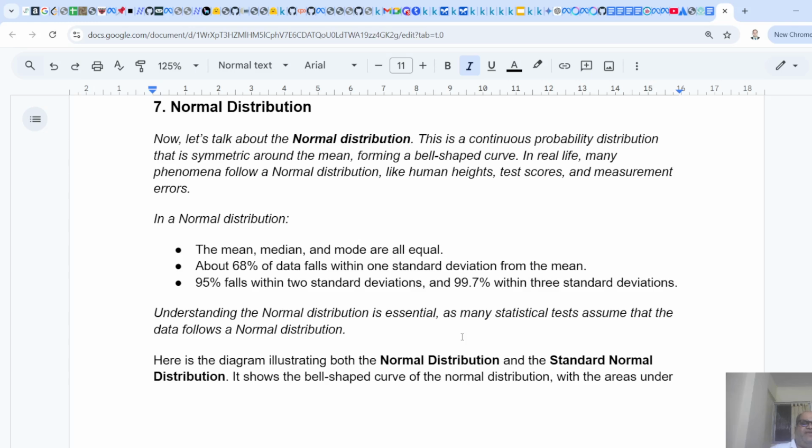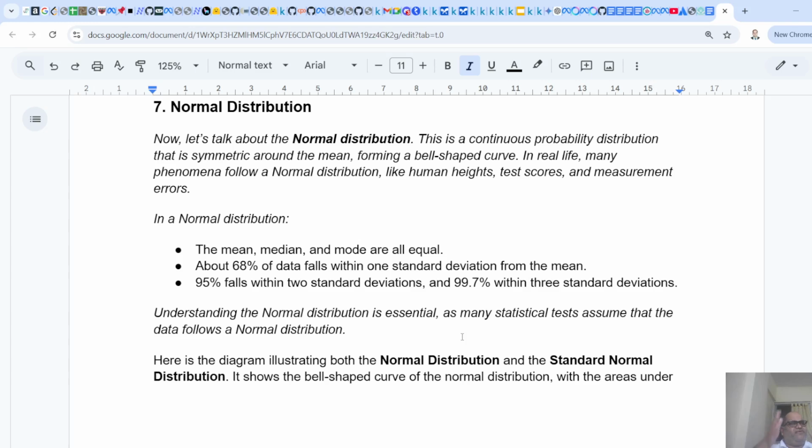So if you see the way we looked at central tendencies, then spread and shape, in this particular case your mean, median, and mode should be equal for normal distribution. As far as the spread is considered, from the mean, one standard deviation away on each side is 34%, and 68% overall.